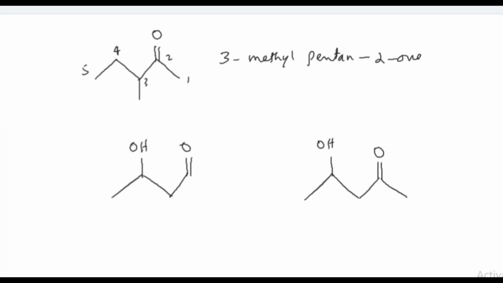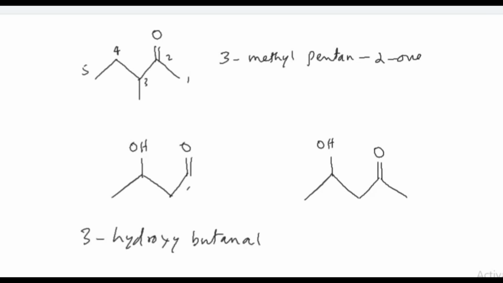The aldehyde is at the top, so it will be considered as the functional group. OH will be considered as a hydroxy. So 1, 2, 3, 4, this is butanal, but the OH is present on the third carbon. So that's why we can say this is 3-hydroxybutanal.